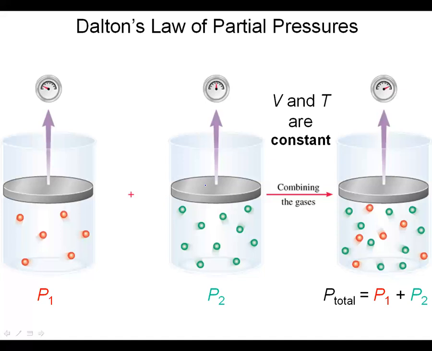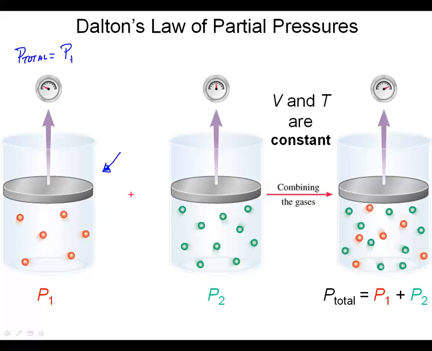So for example, in our first little container over here, we only have pretty much one gas, which is the red guys that are flying around, which means if we wanted the total pressure in this first container, it would be all a result of those red gases, that pressure number 1.